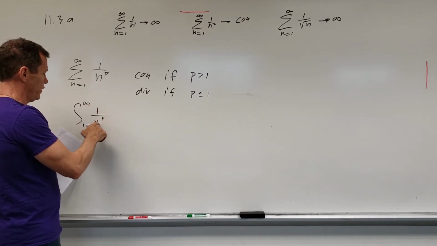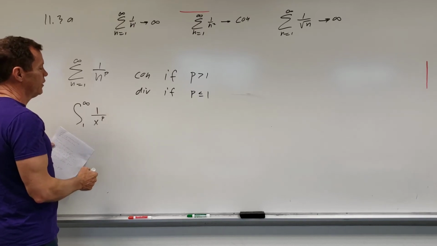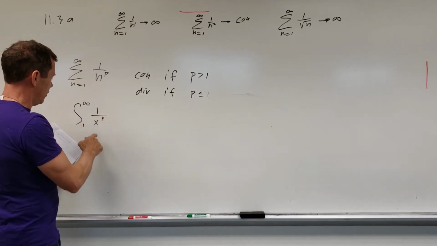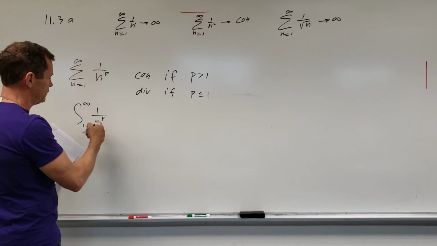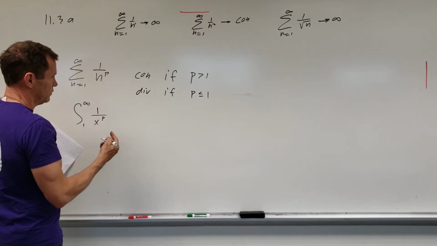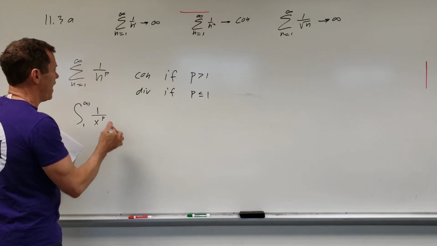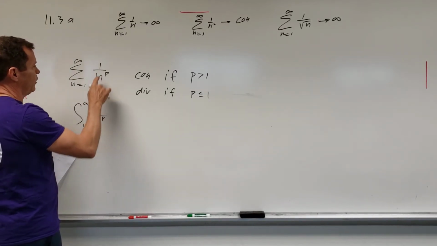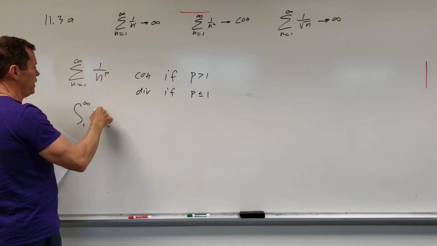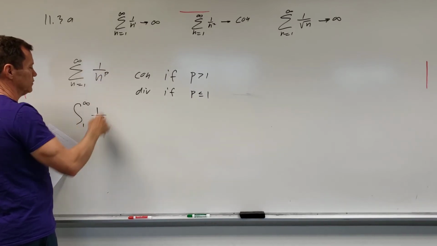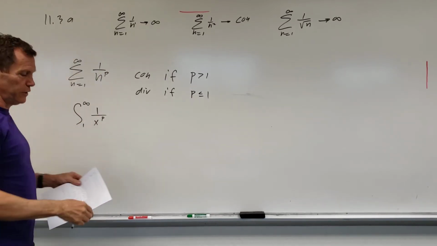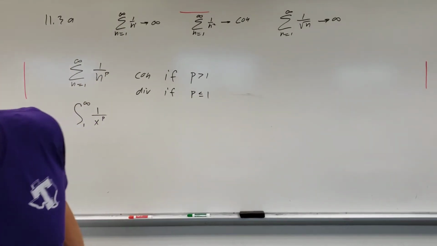Well, this is 1 over, and these numbers are getting bigger, so it's always decreasing. Is it a continuous function? Yes, as long as it stays away from 0, it's continuous. So it's positive, decreasing, and continuous. Does it match this guy? Stick in a 1, you get 1 over 1 to the p. So it matches on the integers. So this has all the parts that the integral test needs.